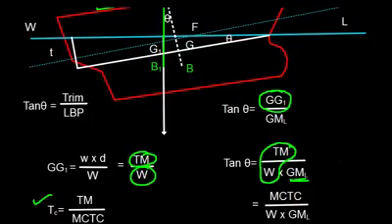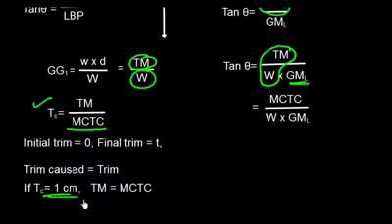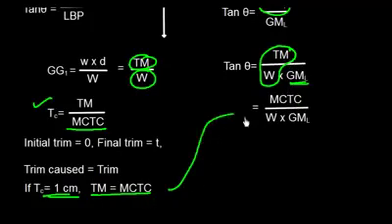And just now we have worked out that if the trim is 1 centimeter, trimming moment is equal to MCTC. So instead of trimming moment, I write MCTC divided by W into GML.